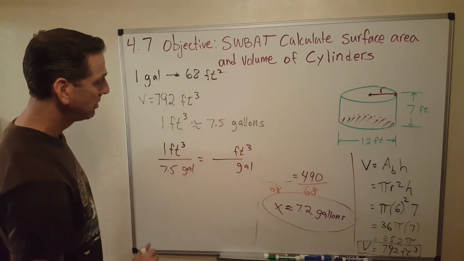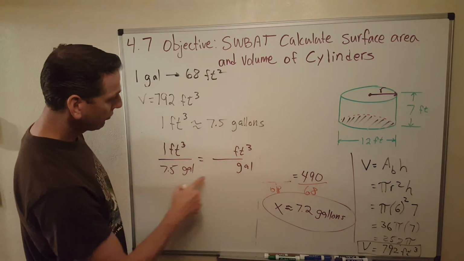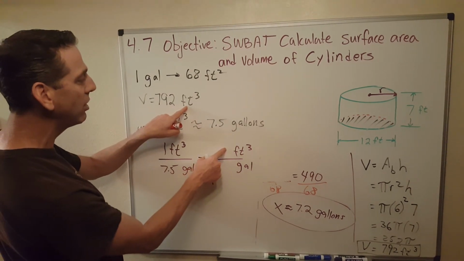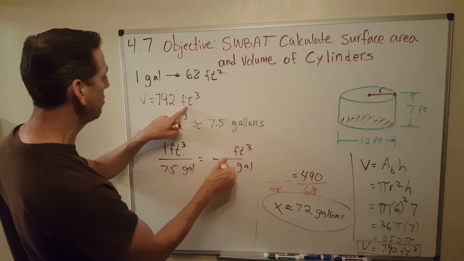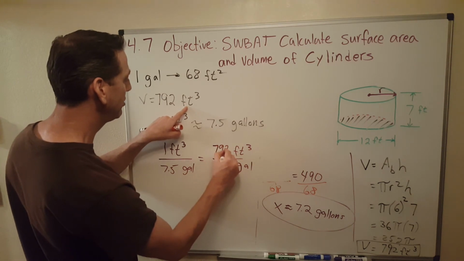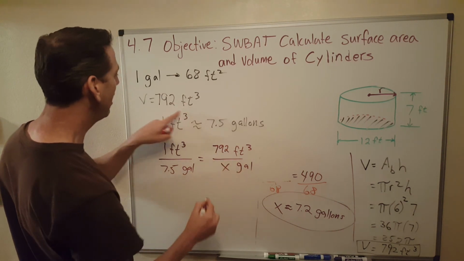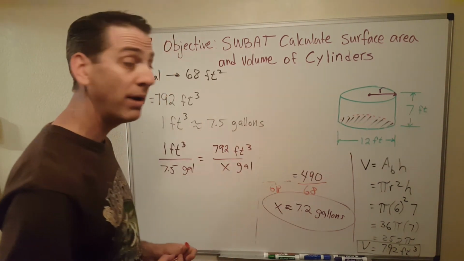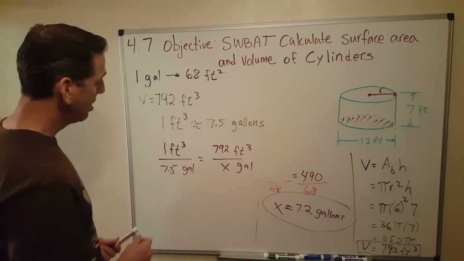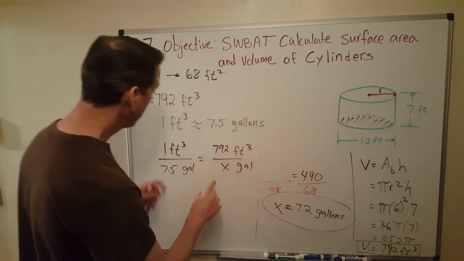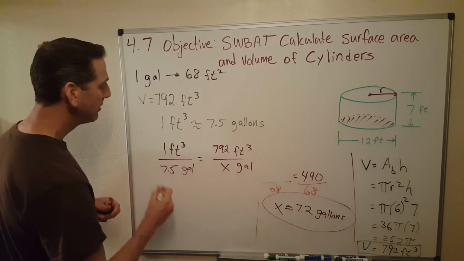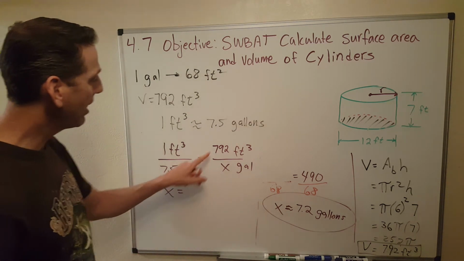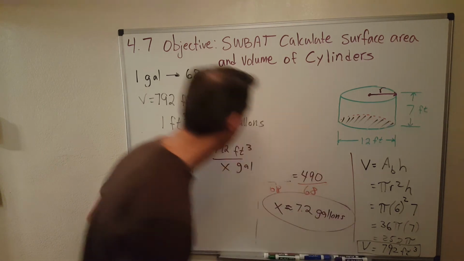Okay, so I know that I have 792 cubic feet, and I know it's going to go right here because I have my units shown. So 792, and that's going to be how many gallons? Well, that's the question. How many gallons does this thing hold? We're about to find out. All right, so again, we cross multiply. So 1 times x is 1x, or just x. 7.5 times 792.